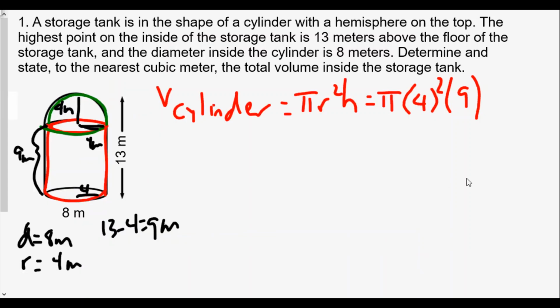Again, the reason the height of the cylinder is 9 meters is because the total height of the figure is 13 meters, and the radius of the hemisphere is the same as the radius of the cylinder, 4 meters, so we take away that height of the hemisphere to find just the height of the cylinder. So we have 144 pi.